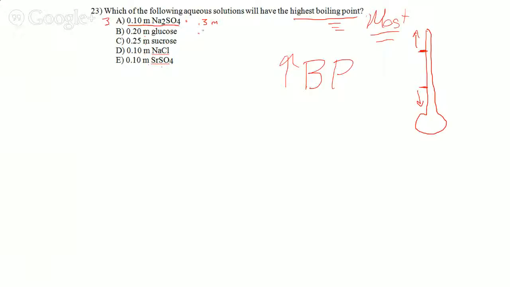Glucose is going to stay together, so it's 0.2. Sucrose, same deal, 0.25. NaCl is going to break up into two particles, so it's going to be 0.2 molal, and SrSO4 is also going to break up into two particles, so it will be 0.2 molal as well. So which one's going to have the most effect? The one with the highest concentration of stuff, so it would be A.